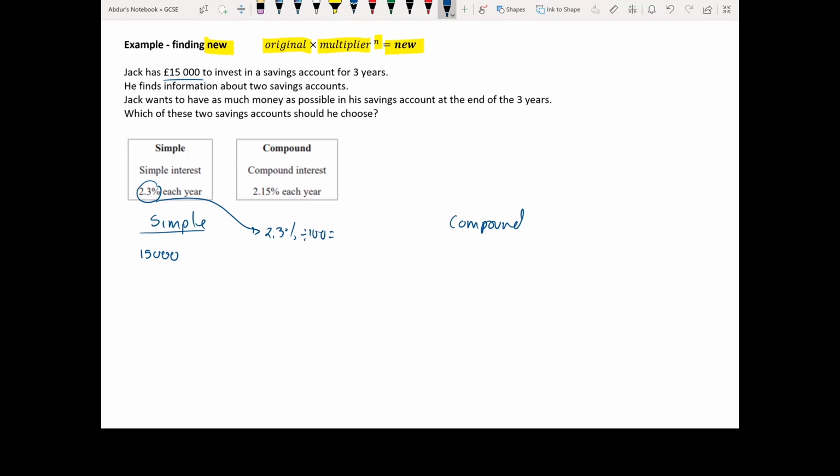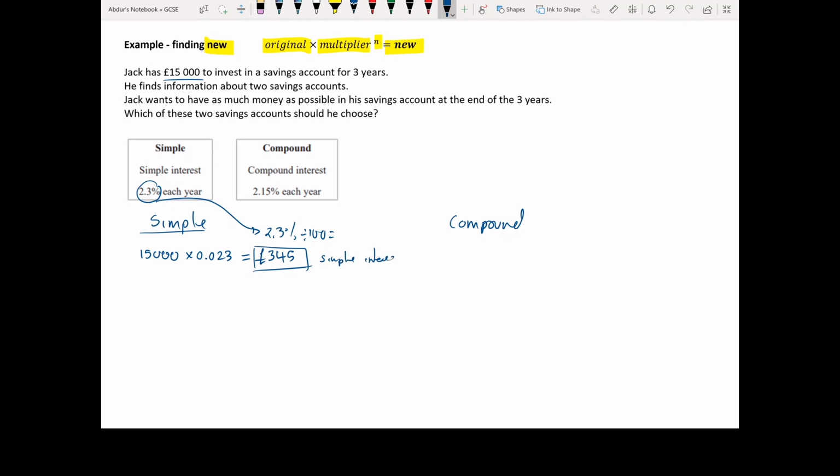If we times it by 0.023, we'll know what 2.3% of £15,000 is. So 15,000 times 0.023 gets us £345. So £345 is the simple interest.